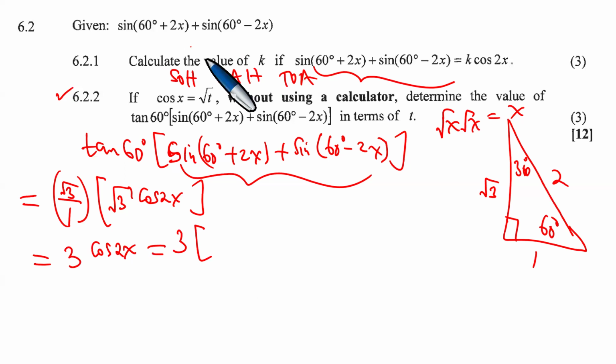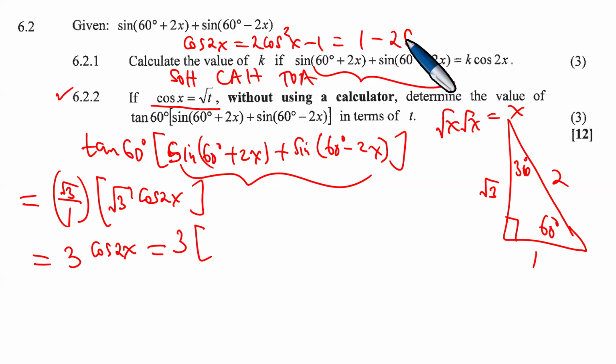Cosine 2x. We remember that we've already been given cosine x, which is the square root of t. Cosine 2x is 2 cosine squared x minus 1, but it's also 1 minus 2 sine squared x, or cosine squared x minus sine squared x. There are three identities.